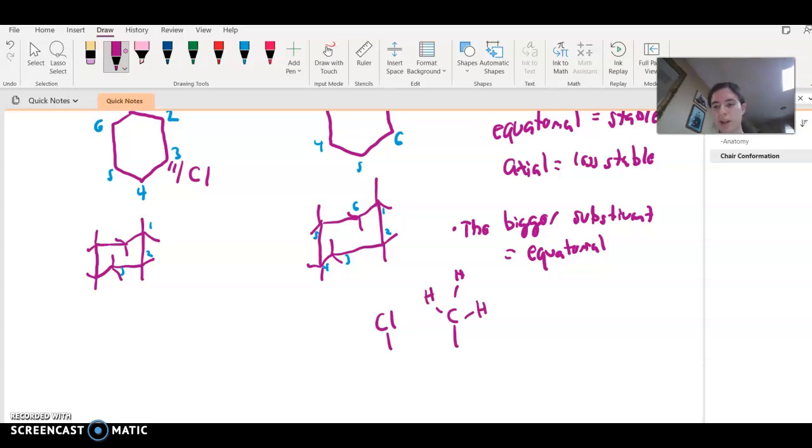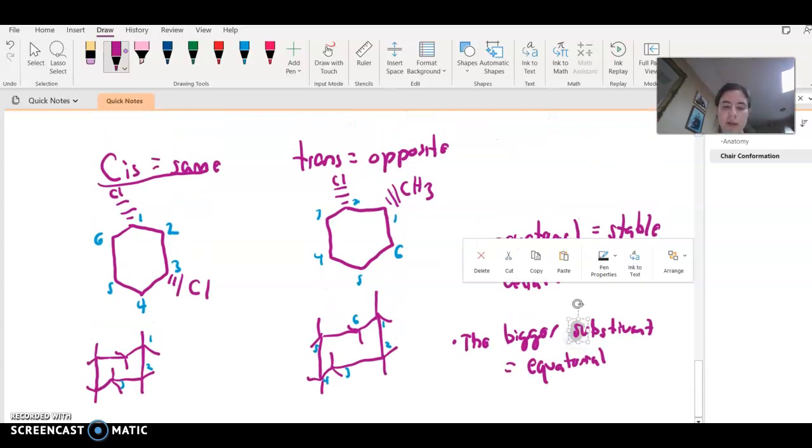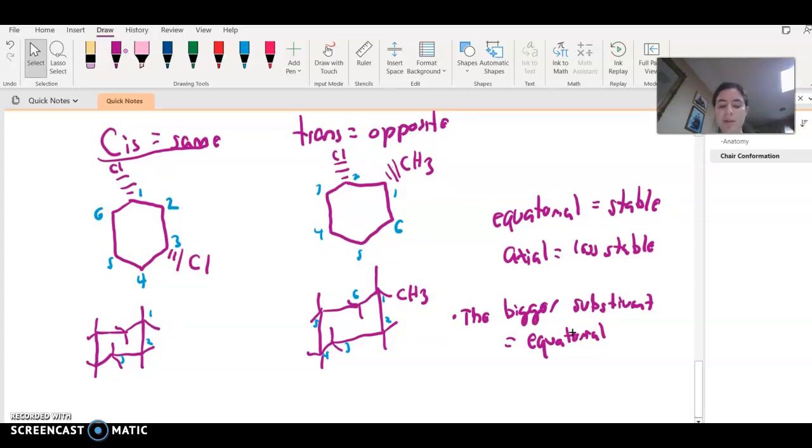So it's more branchy, it has more stuff. So it's going to want to be equatorial because it's bigger. Okay, so then when we draw this, we can draw the methyl group first. So remember, I'm keeping the carbons aligned, so I'm drawing this on the 1 carbon, and I'm going to draw equatorial. And then when we draw the chlorine, they are going in the same direction, so it has to go down. So we can't make it equatorial. It has to go down because the methyl is going down. So we have to put it axial.